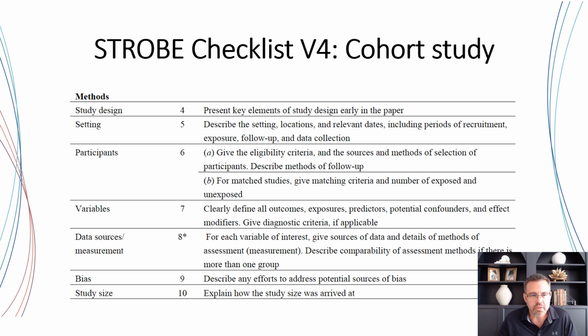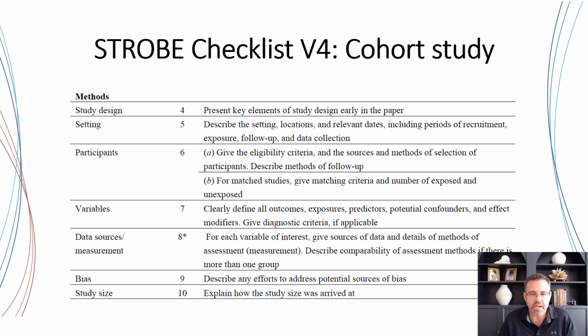For data sources, here they recommend for each variable of interest, give the sources of data and the details of methods of assessment, right? So that's exactly what I recommended before in terms of that section. And then to describe the comparability of assessment methods if there is more than one group.